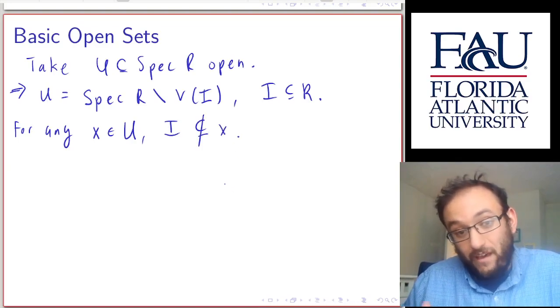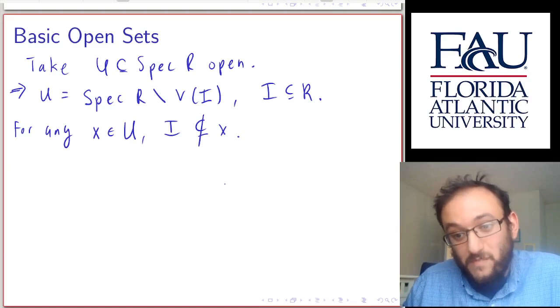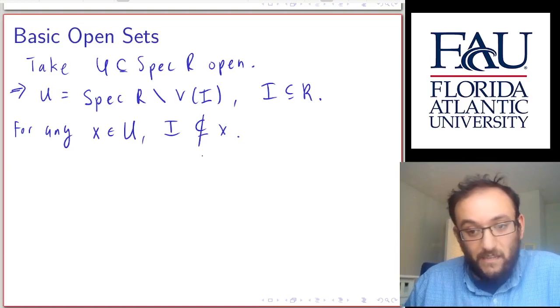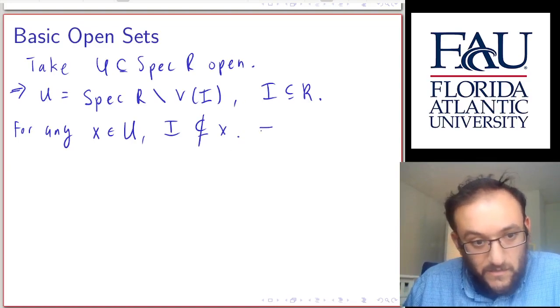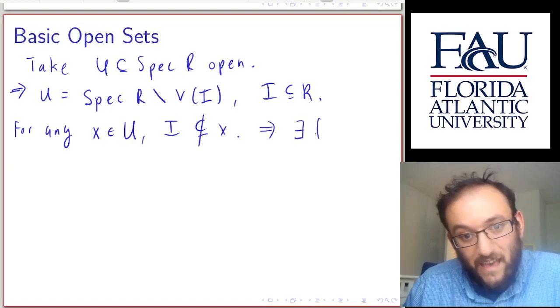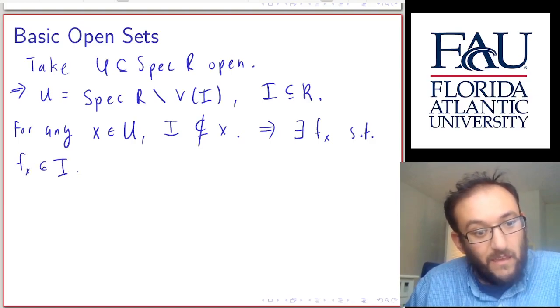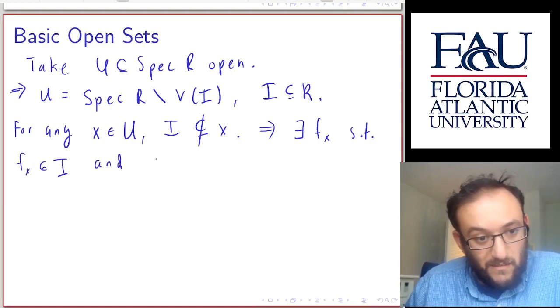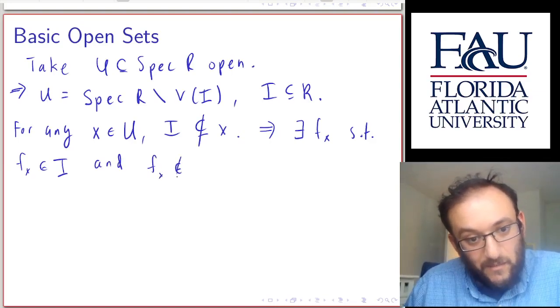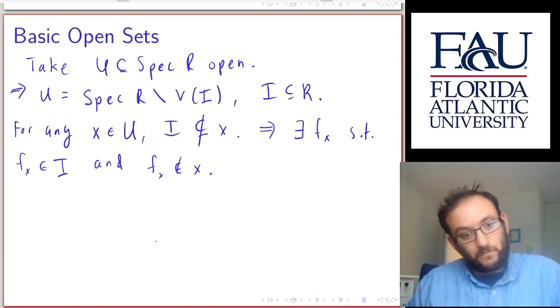Well, if you have that this isn't contained, then there must be something in I which is not in x. So there exists f_x such that f_x is an element of I, and f_x is not an element of x.